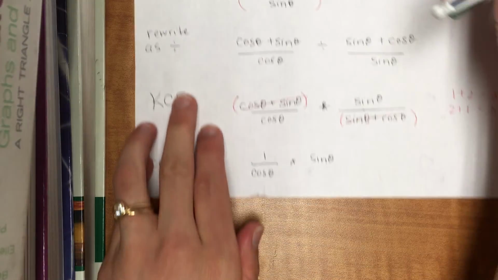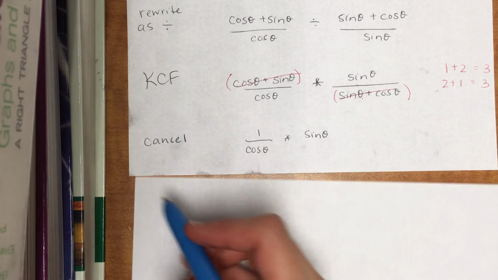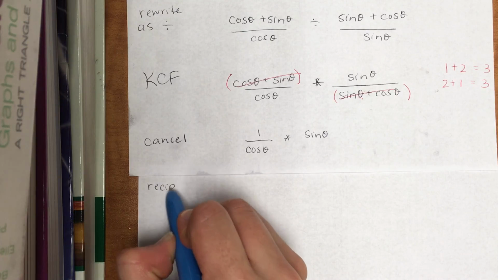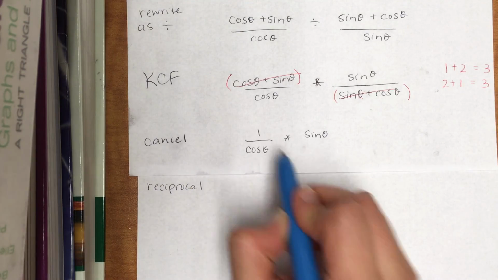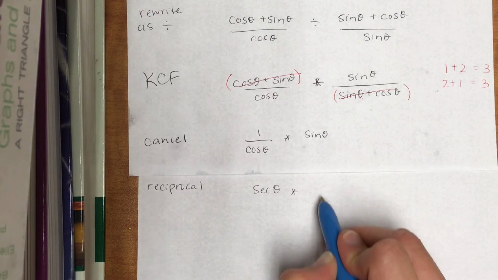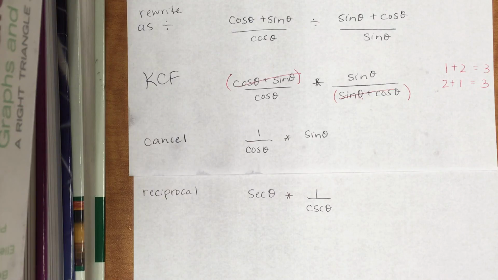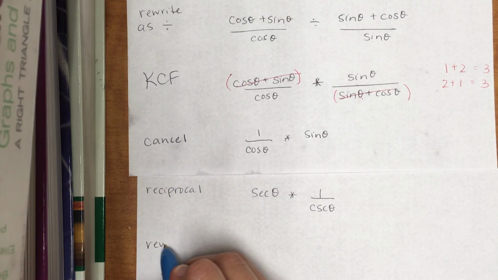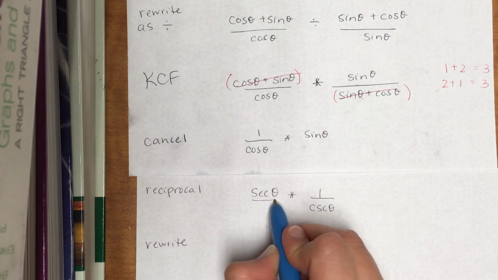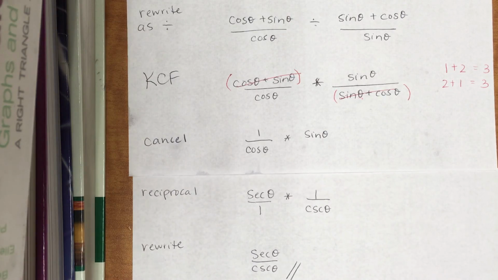So right now that I just have it down as simple as I can get from sines and cosines, let's convert these using the reciprocal properties. 1 over cosine theta is just secant theta, and sine theta is 1 over cosecant theta. You don't have to do this step, but if you wanted to, you can rewrite this as one fraction. Secant times 1 over cosecant is just secant theta over cosecant theta, which is what we're trying to get. And so now we're done.